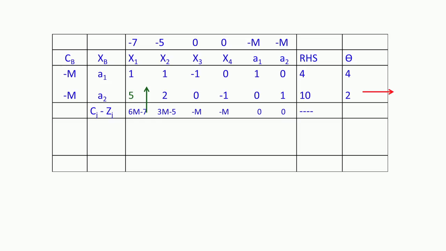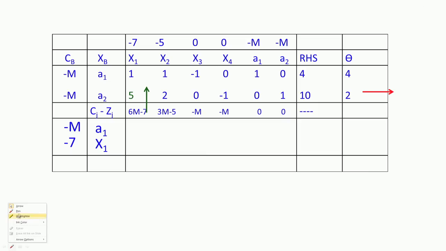Now we have to do the next iteration. So variable x1 has replaced variable a2. So we write the two, x1 has replaced a2 and a1 continues to be there. So x1 and a1 are our basic variables. The objective function coefficients are minus m and minus 7 from the first row that we have.